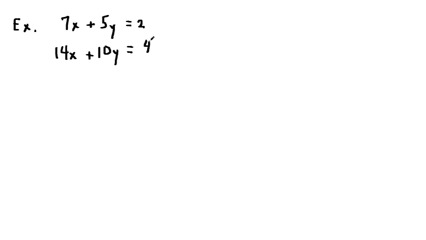Okay, let's do one more example. Alright, let's try to get this to be -14 so that the x variables cancel out.